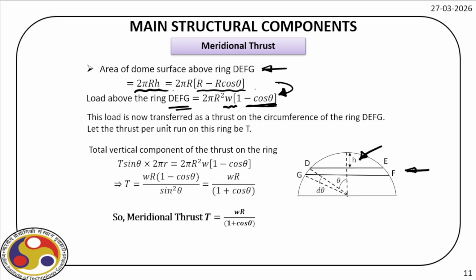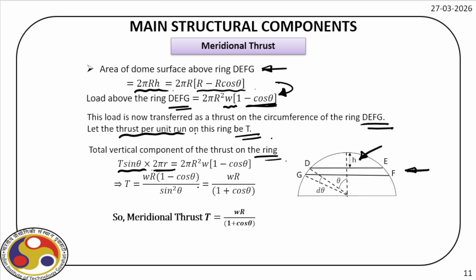This load is now transferred as the thrust on the circumference of the ring DEFG. So the thrust per unit length on this ring is capital T. We are going to quantify this capital T soon. For that, the total vertical component of the thrust on the ring we can evaluate, that is T sine theta times 2 pi r, that is the circumference of this ring.